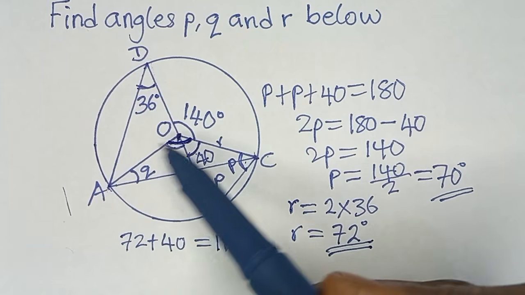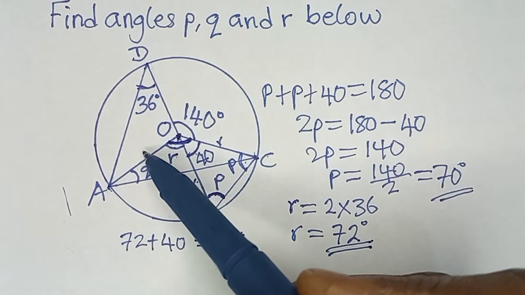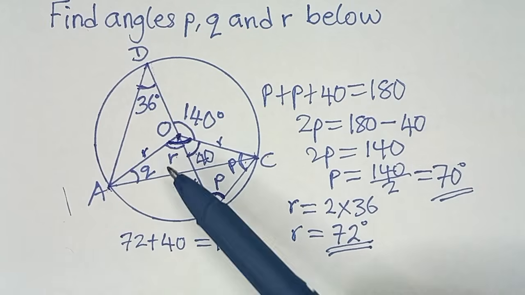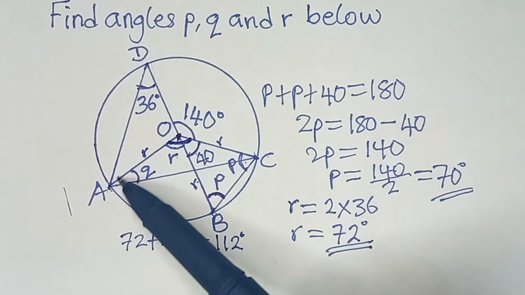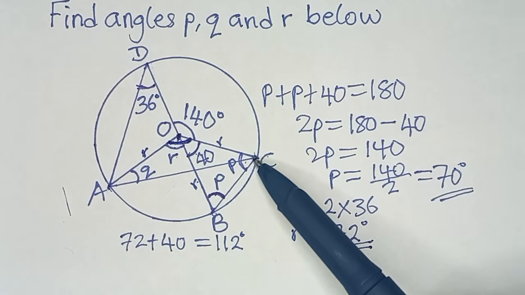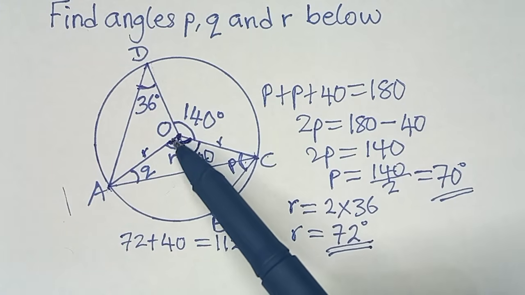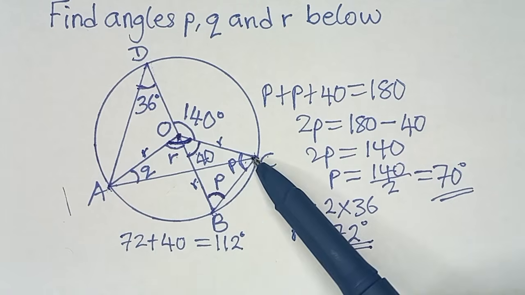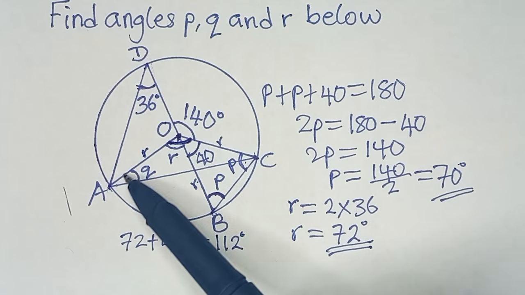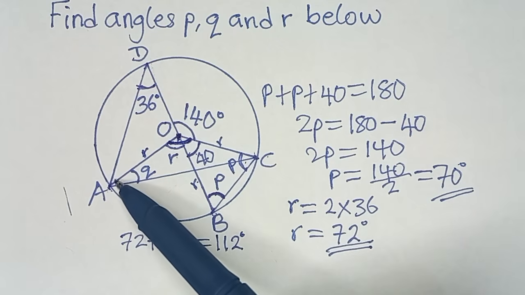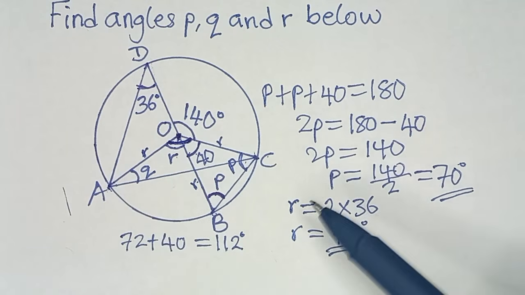Now, don't forget that this line from O to point A is also the radius of the circle. So you agree with me that this is an isosceles triangle, because this side R is equal to this side R. Triangle OAC is an isosceles triangle. And the base angles of an isosceles triangle are equal.